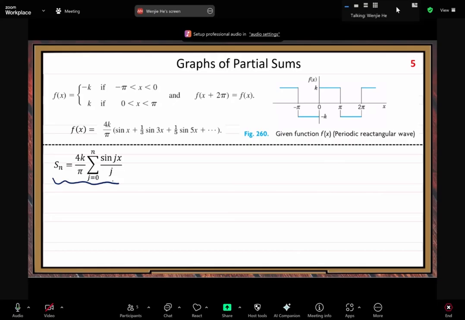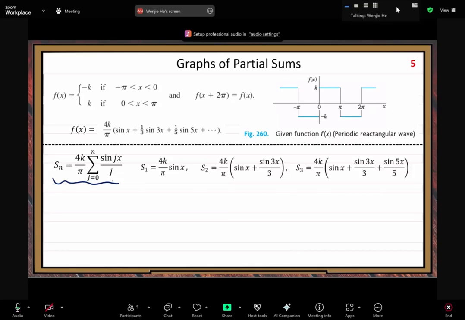So it's a well-defined function. No convergence question to be asked. Now let's draw the graphs of these partial sums. S1, the partial sum with only 1 term. S2 and S3, and so on.